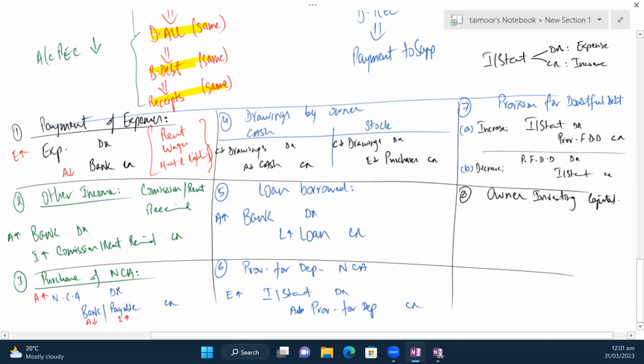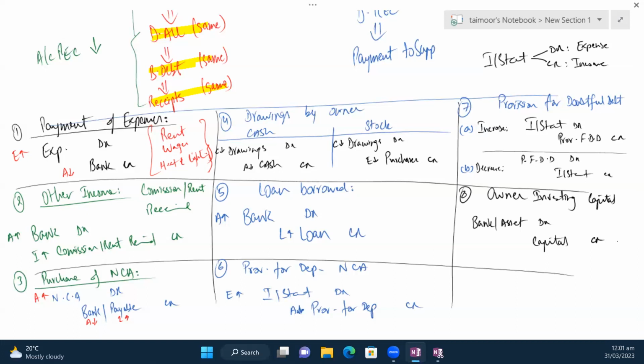When the owner is investing capital, so entry could be like bank or any other asset, debit and capital credit, right? Because the owner will bring in either money through bank or through an asset in the business.